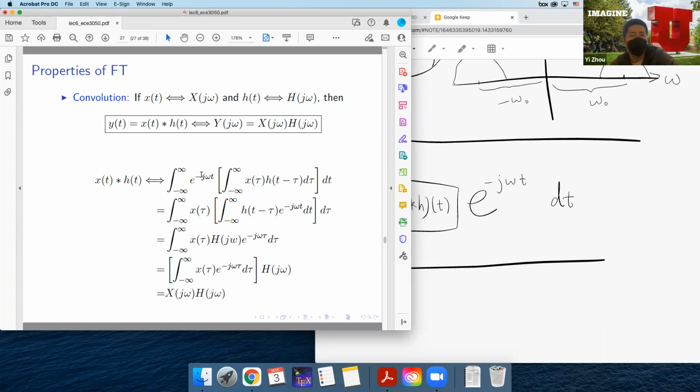Now we put all the other factors that depend on t inside. So we move this one inside, we move this h inside. So this is simply a switch in the order and reorganizing the terms.